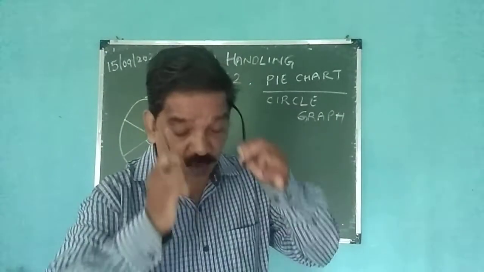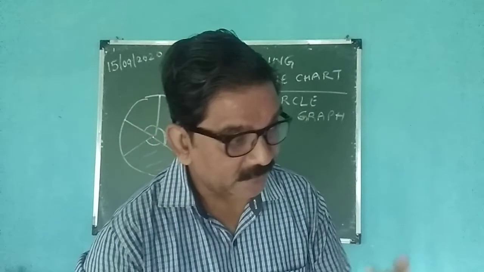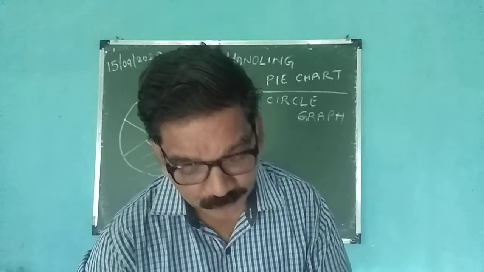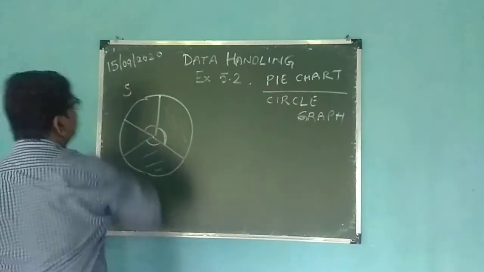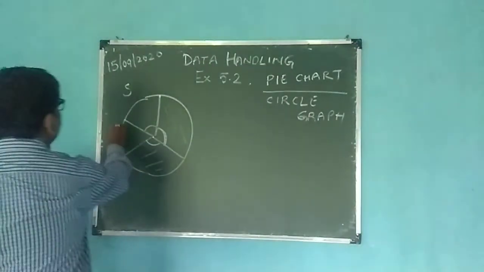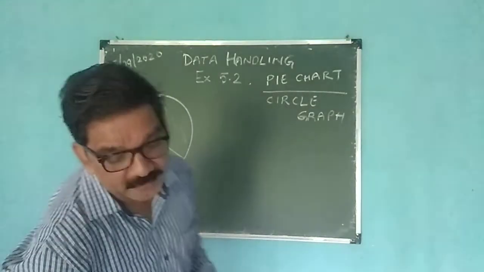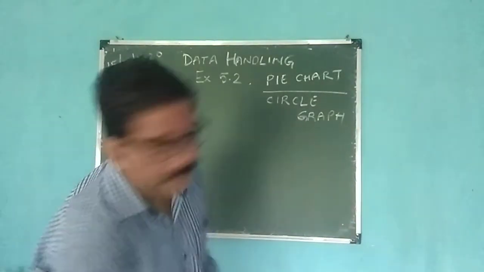Correct? So now in this question number 1, they have given semi-classical, classical, and then folk, and then light. Here the semi-classical, I'm just writing S here. This is semi-classical. Then they have classical. This is classical. Then they have folk, and then they have light.